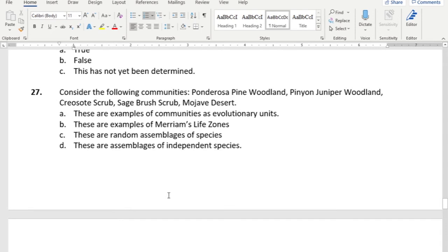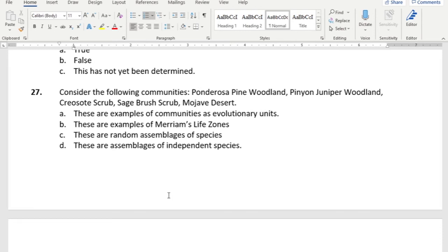27. Consider the following communities: Ponderosa pine woodland, pinyon juniper woodland, creosote scrub, sagebrush scrub, Mojave desert. Now, I recognize that you guys don't have any real familiarity with those communities, but we have talked about them. Are these examples of communities as evolutionary units? Probably not. They are examples of Merriam's life zones.